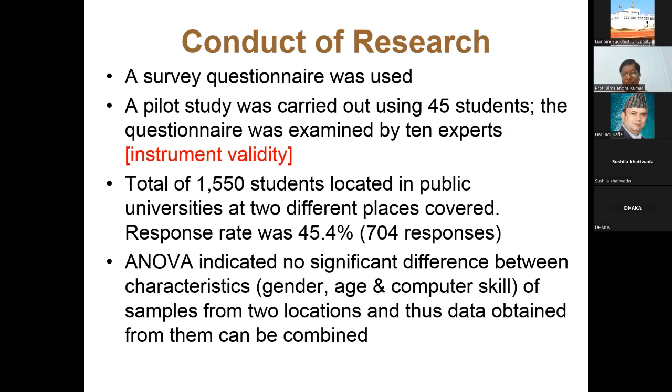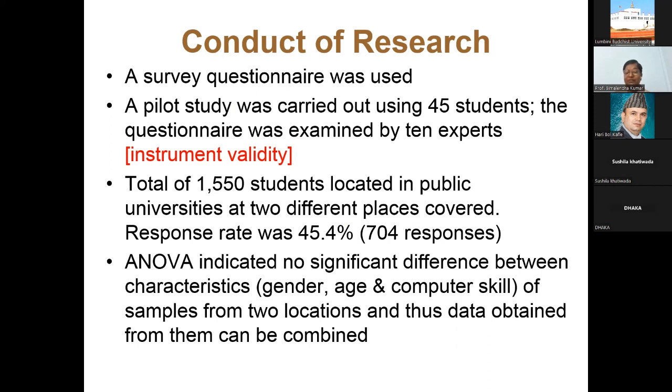Testing of these questionnaires is done through experts, through the lab, or, if there are psychological tests or statistical data, we have to go through the instrument also. A total of 1,055 students located in public universities at two different places were covered, with a response rate of 45.4 percent, 704 responses.